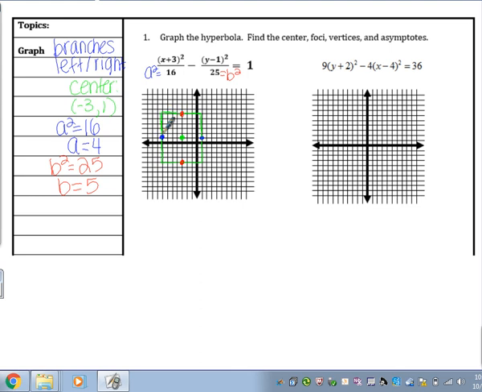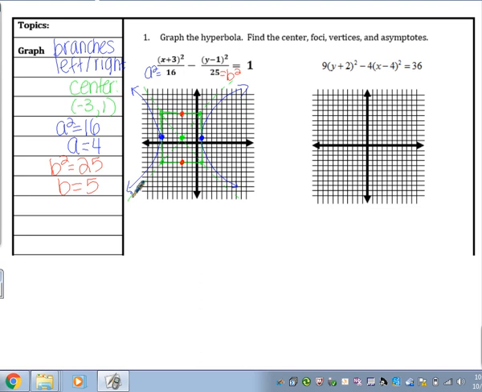So there's my box, and this box is what's going to allow me to draw my asymptotes. I'm just going to connect through the center and the diagonals of the box. Again, these can be dotted or solid asymptotes. Then I take my blue points, which were actually my vertices, and sketch my right and left branches, following along the asymptote lines.